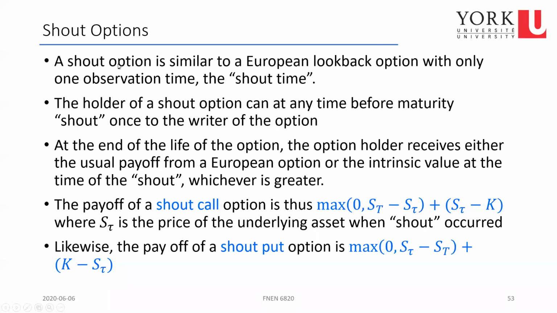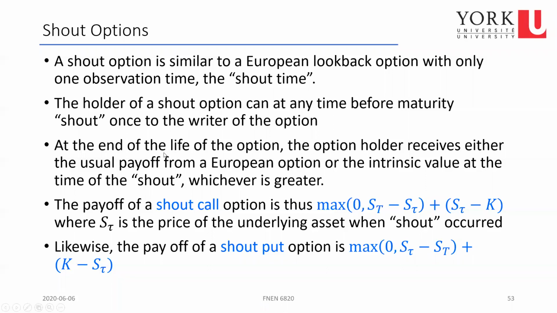Whereas for the short option, the holder of the option only has one chance within the lifetime of the option to short. Once the holder has done the short to the writer of the option, the price at the time that the short took place is recorded.